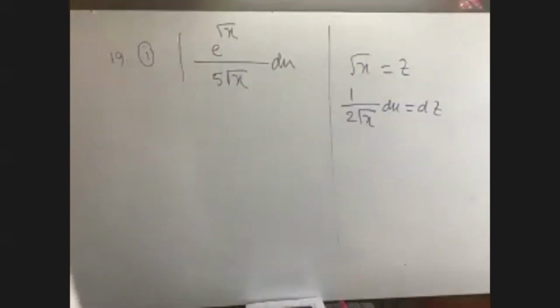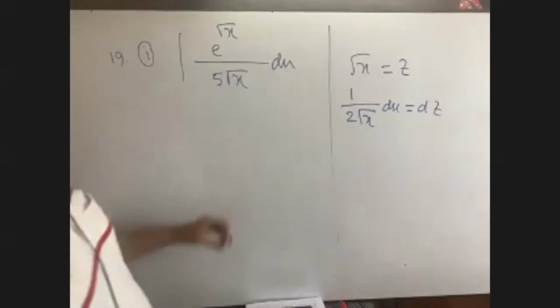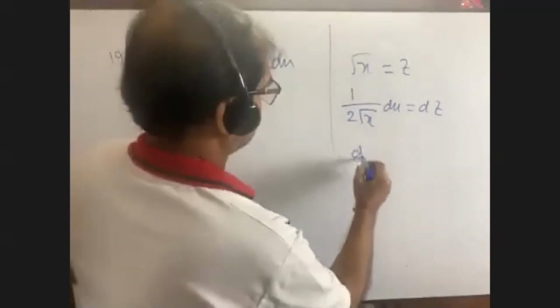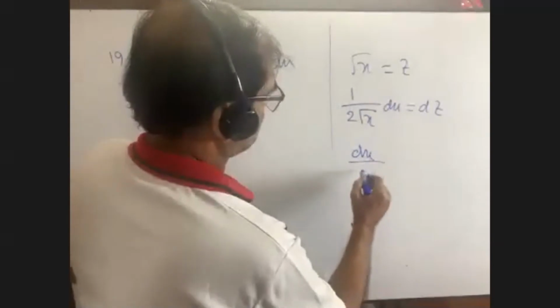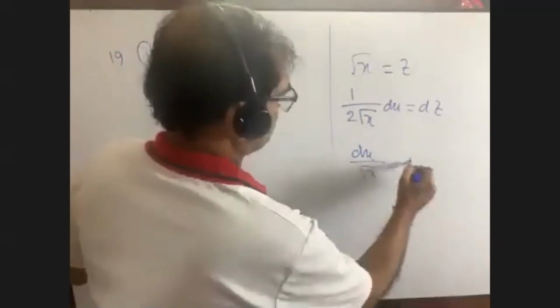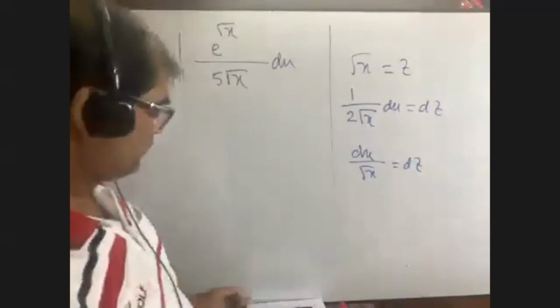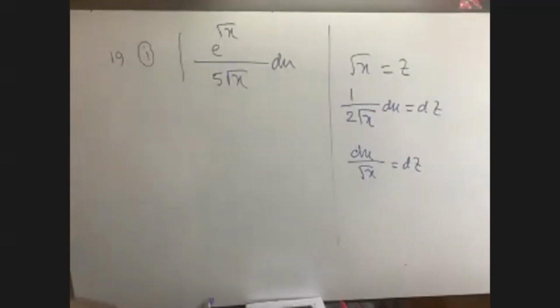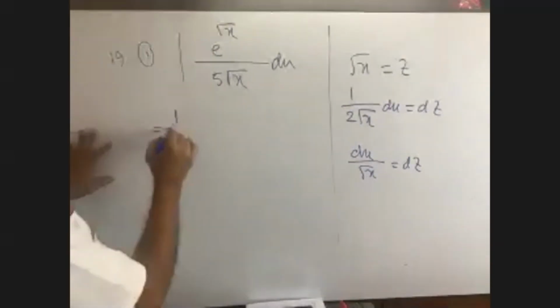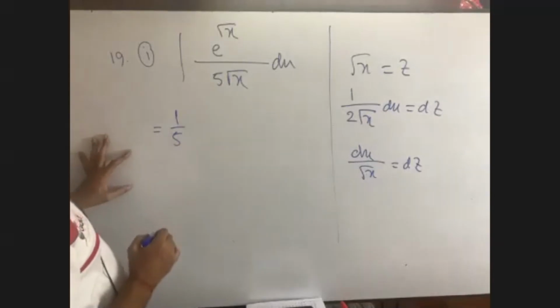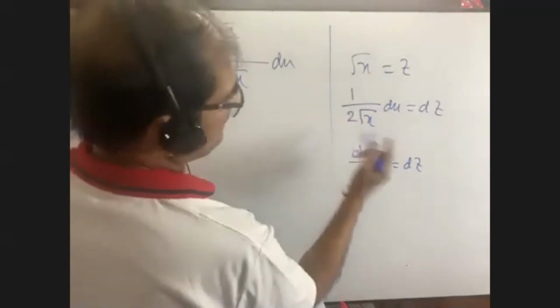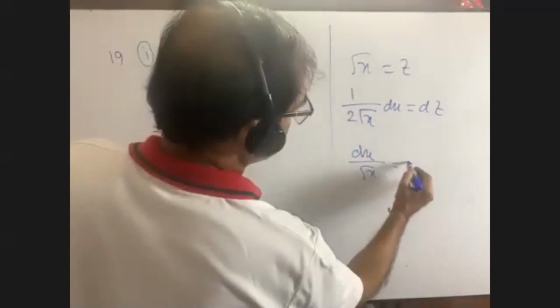Is it? Root x equals 1 by 2 root x. So we are getting dx by root x is equal to dz. So it is 1 by 5. Oh, right, it is 2. Okay, so it will be 2 dz.